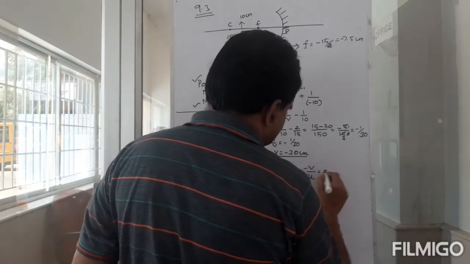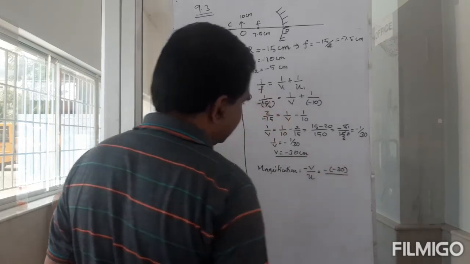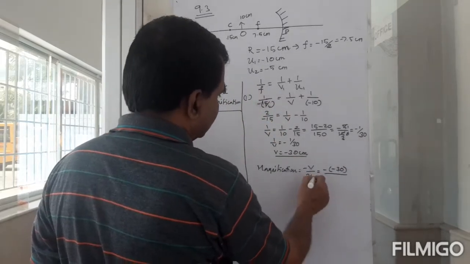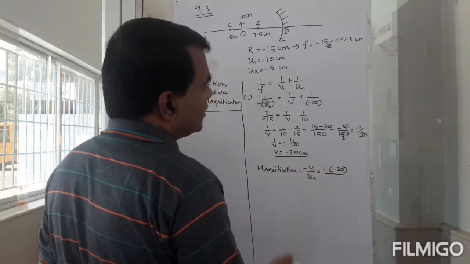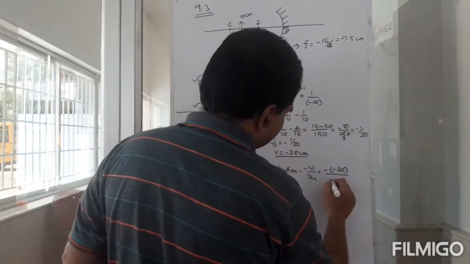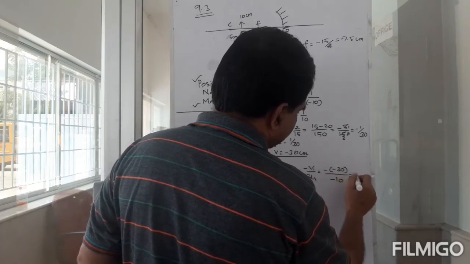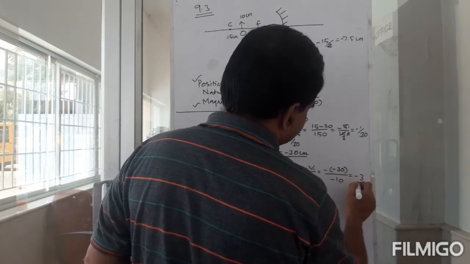So this is minus of minus 30 divided by u1, right? So this is v1 this way. u1 is minus 10. So this is 30 by minus 10. It's going to be minus 3.